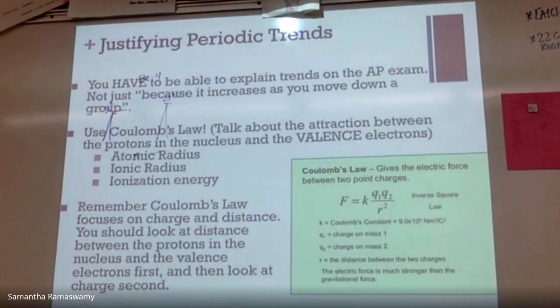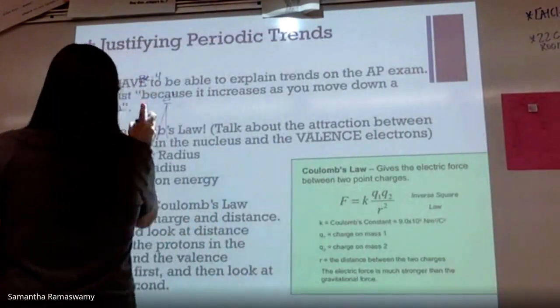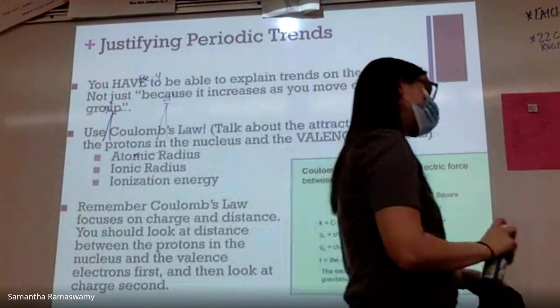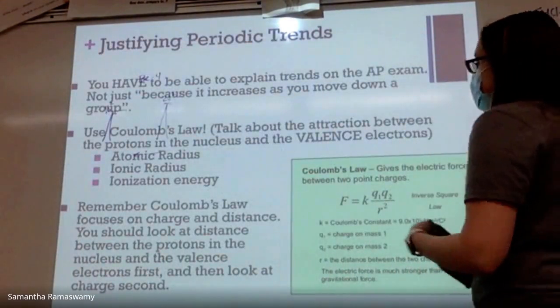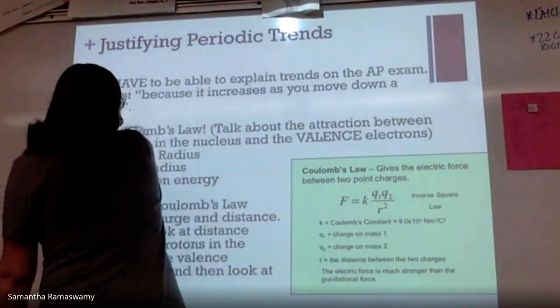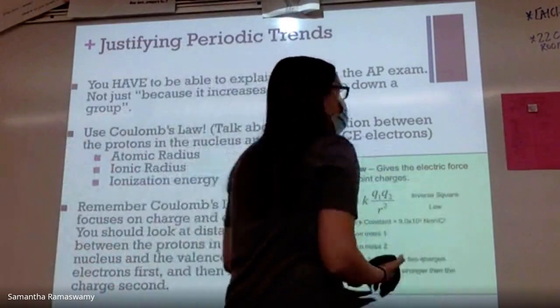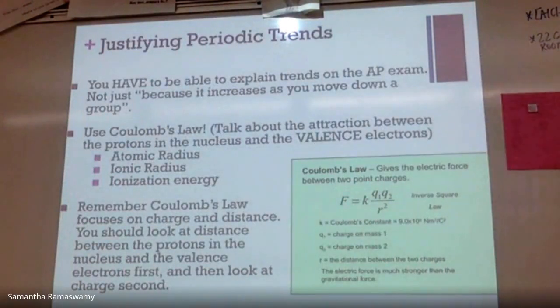We're going to look at periodic trends. With periodic trends, this is topic 1.7. But before we actually get into the trends themselves, this is more of a please don't miss points on the free response type of slide. You have got to be able to explain periodic trends. And when I say explain, I mean explain.